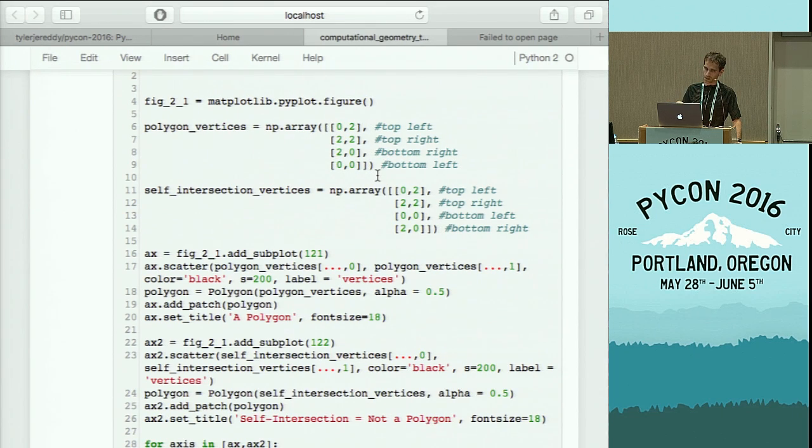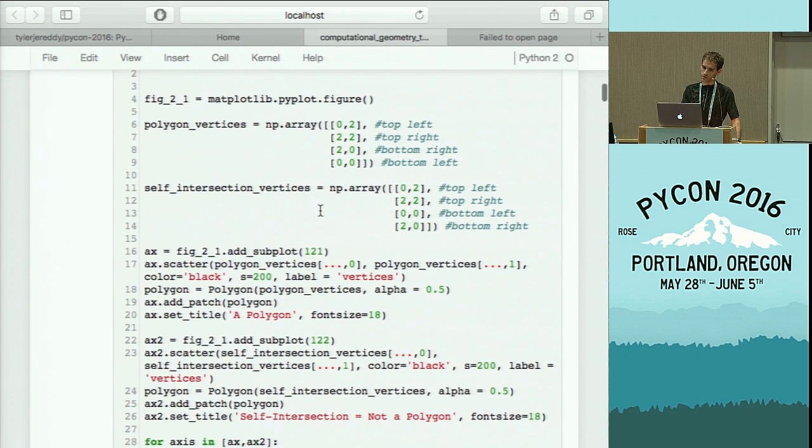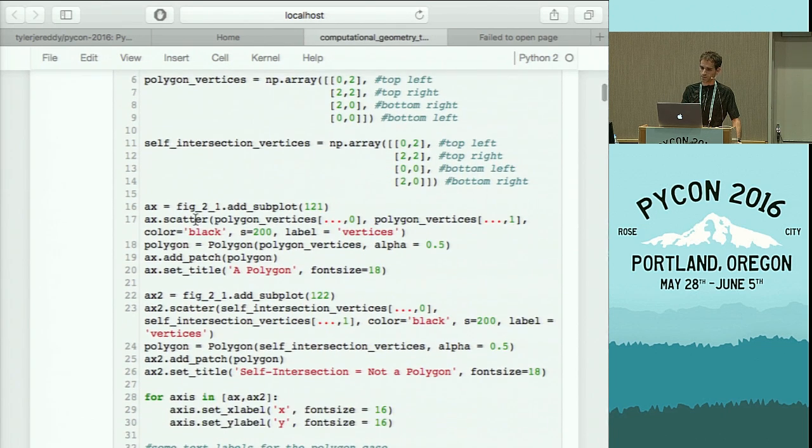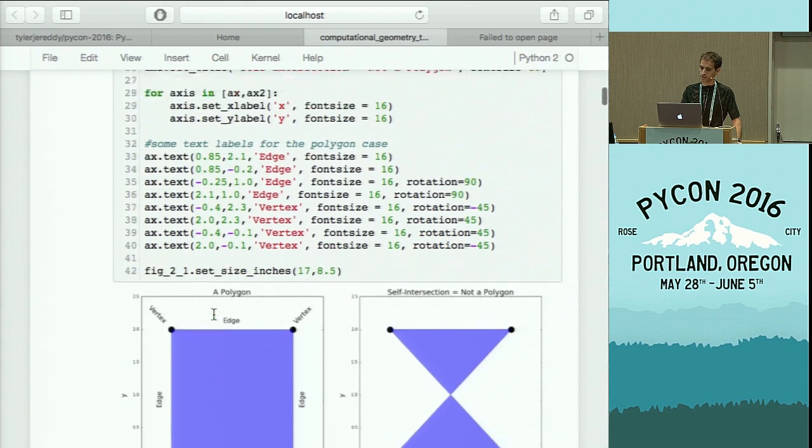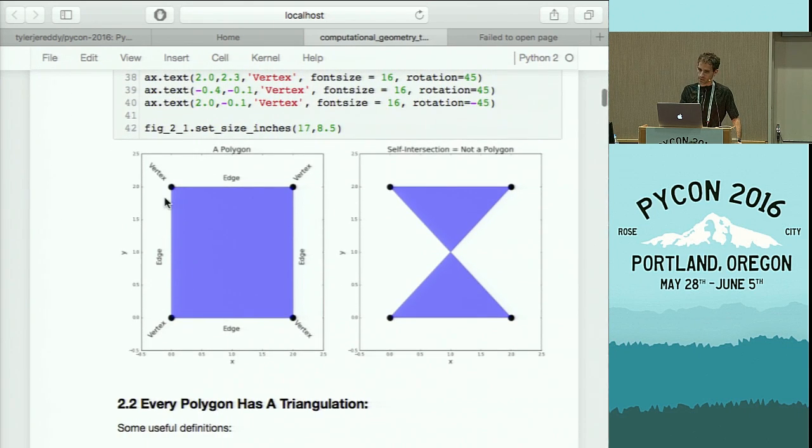But in this case, we're working with a square, so it's relatively straightforward. And then I've intentionally made a 4-vertex polygon that swaps 2 of the vertices to force a self-intersection. Matplotlib has these polygon patch objects that you feed the NumPy array of vertices, and then it'll add that to the plot.